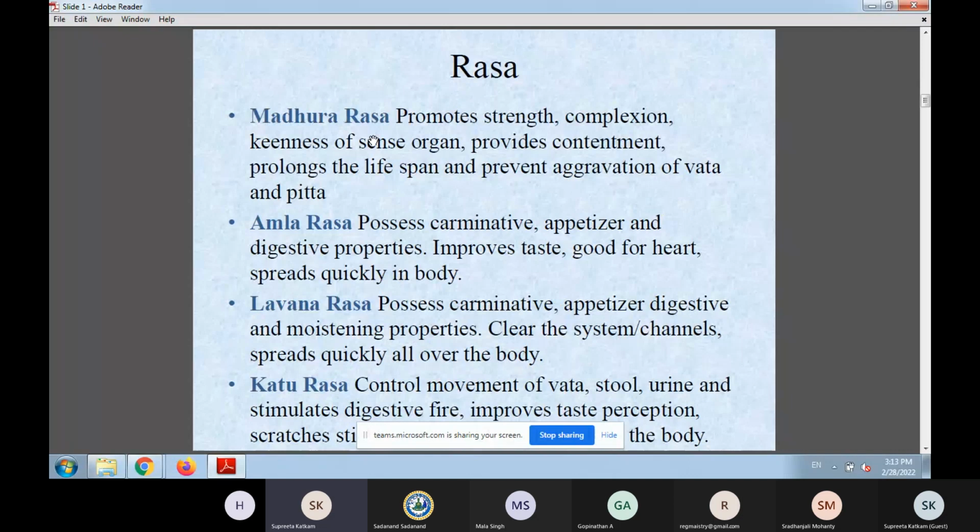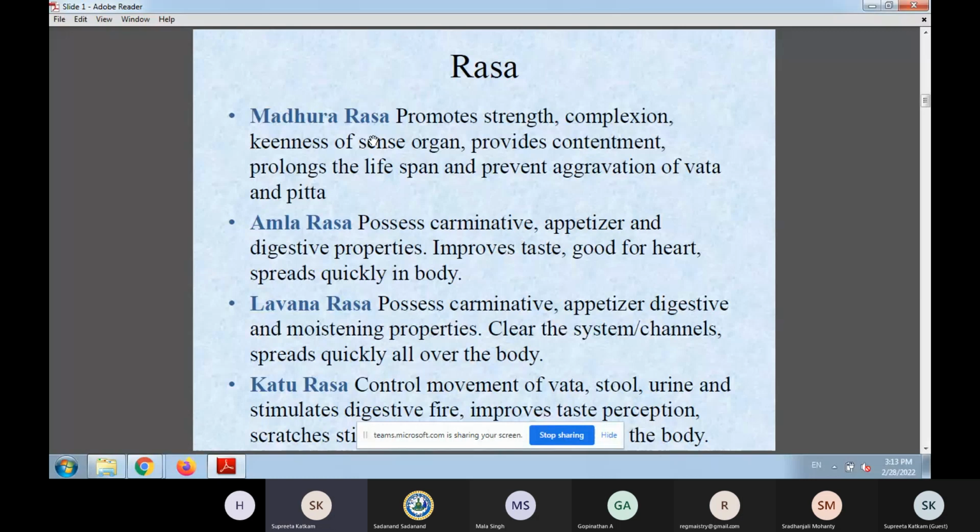Madhura rasa, what does this do? If a substance is having Madhura rasa, what are the benefits you think we may get from it? It promotes the strength. That means it is balya. Okay. Complexion, keenness of sense organs. So that is proper functioning of sense organs. Provides contentment, prolongs the lifespan, prevents aggravation of vata and pitta.